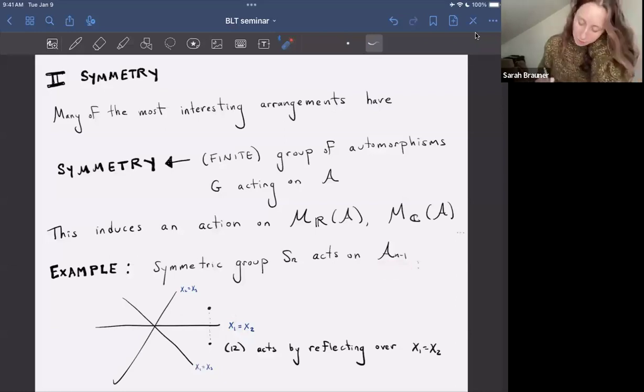The transposition (1 2) acting on these hyperplanes would send the hyperplane x2 equals x3 to x1 equals x3. So it's acting on the indices of those variables, and it would send x1 equals x2 to itself. But it also acts on the space: if I have a point here, the transposition (1 2) will reflect over this line.